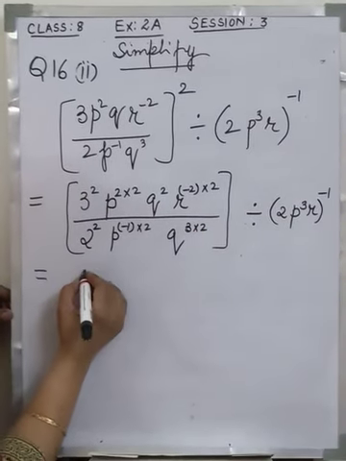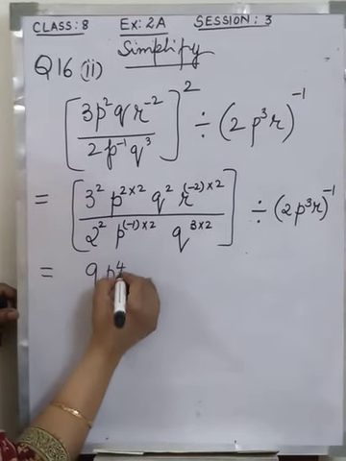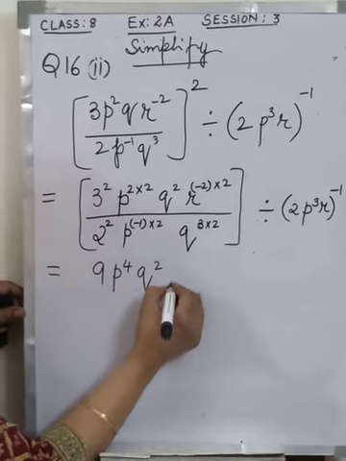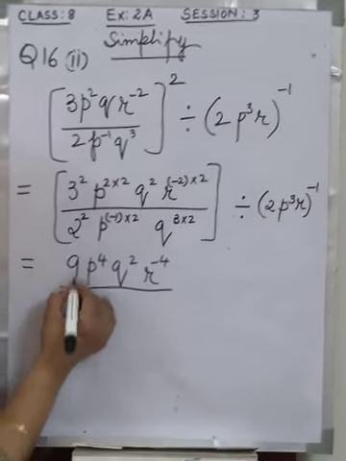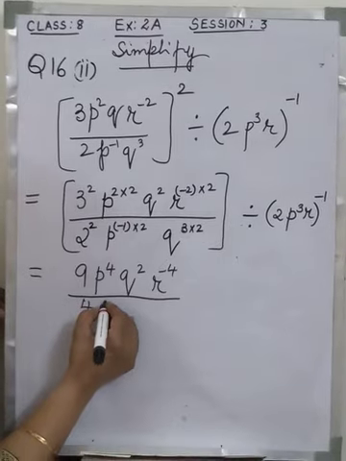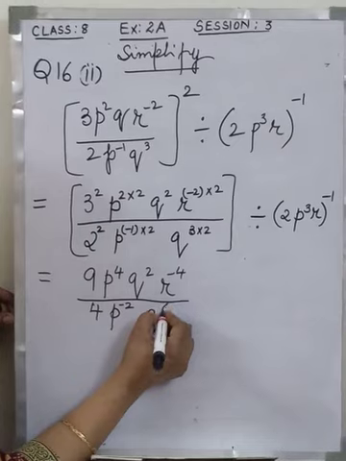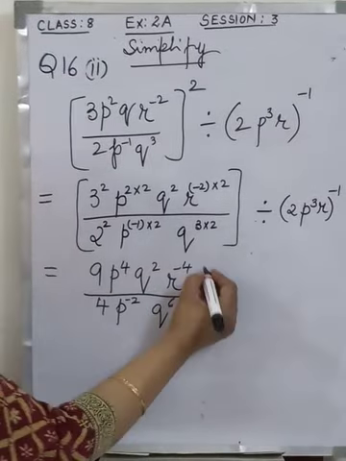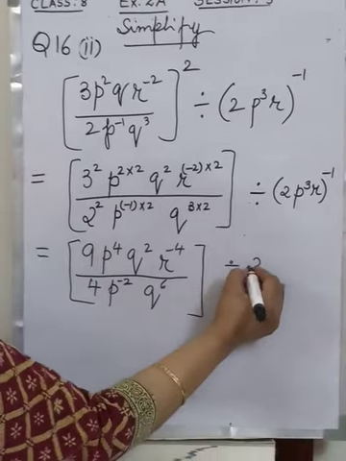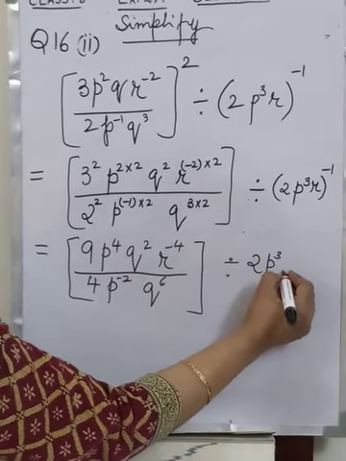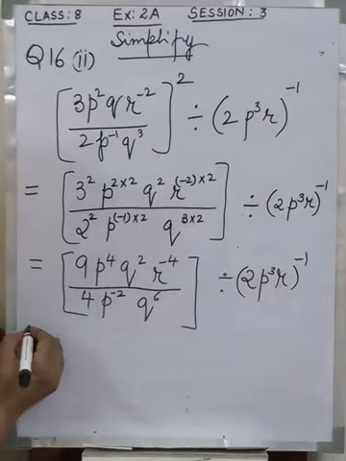Now we simplify it. 3 to the power 2 is 9, p to the power 4, q to the power 2 and r to the power minus 4, upon 2 to the power 2, which is 4, p to the power minus 2, q to the power 6, divided by 2pqr whole to the power minus 1.